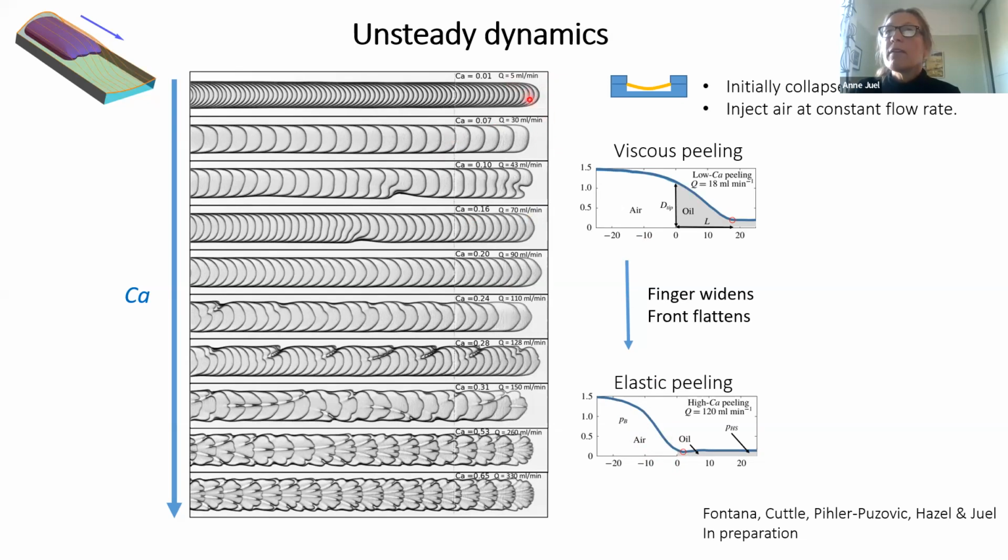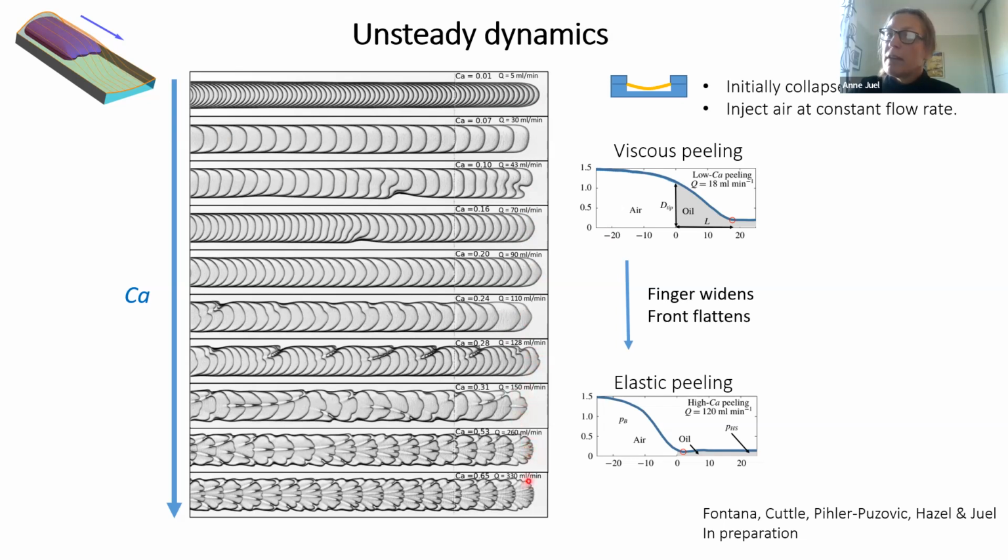What that means is that, and the only thing that really is important here in terms of the instability is that you start with quite a narrow finger, and as you increase the capillary number, the finger gets wider and wider. And as it gets wider, the tip gets flatter. And as the tip gets flatter, it gets prone to tip splitting instabilities.